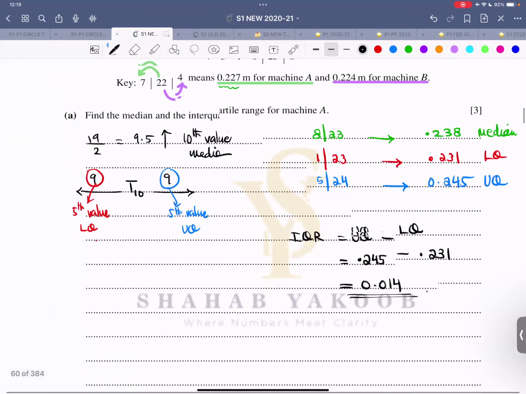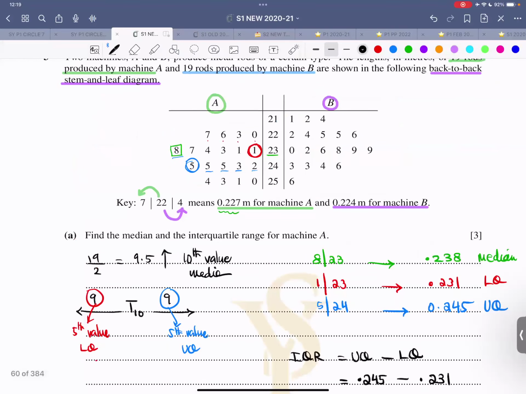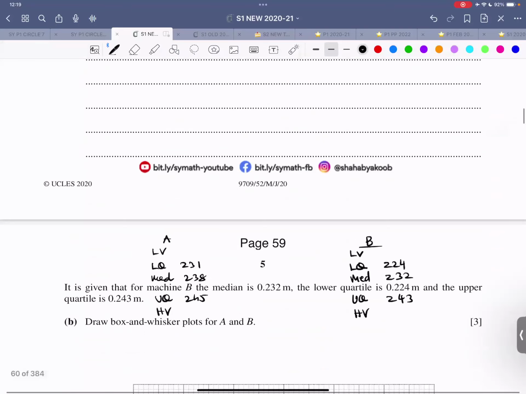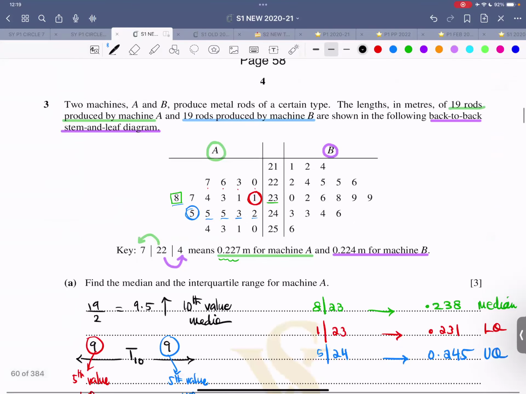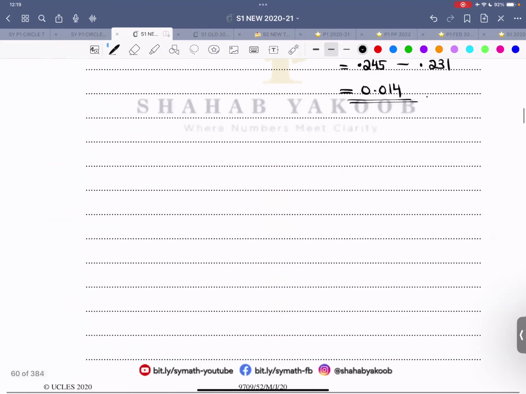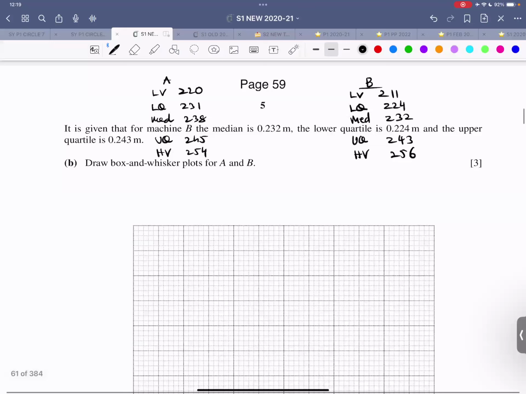For A, the lowest value is 220 and the highest is 254. For B, the lowest value is 211 and the highest is 256. Now you have to plot it, and you need a scale for this.